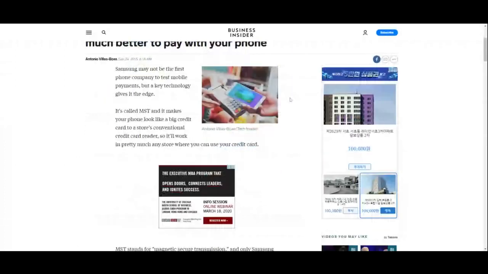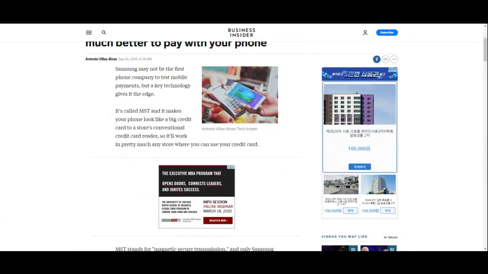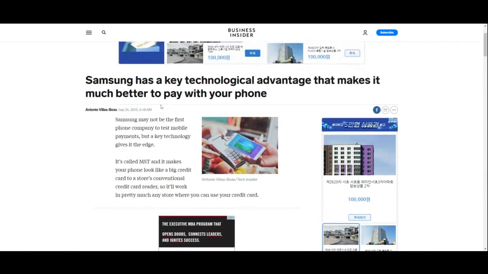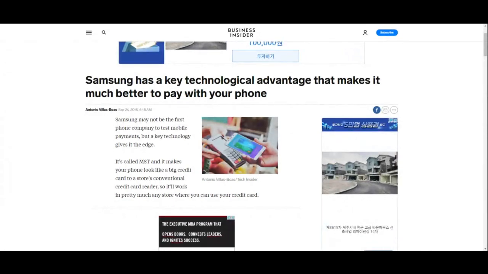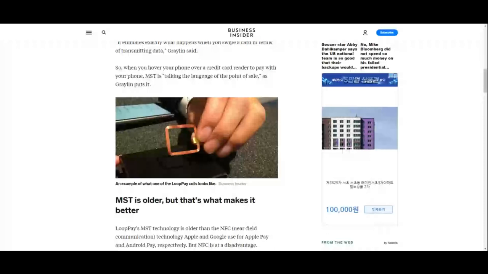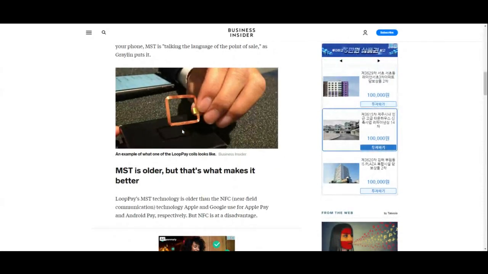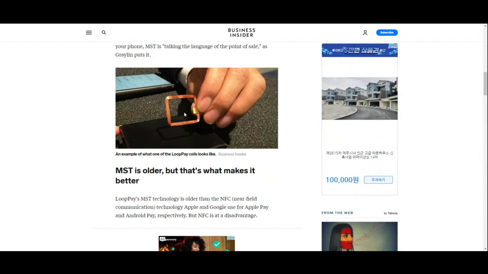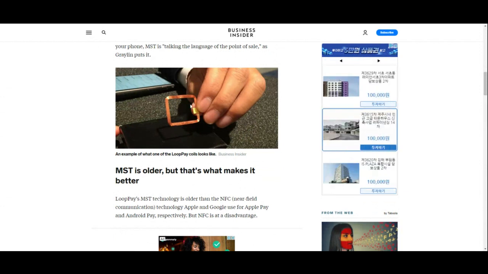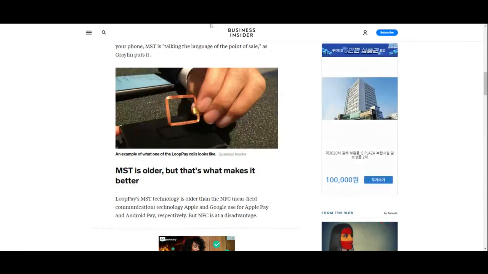Okay, so this is about the Samsung Pay, and I took this photo from this website, for example. So I believe this is the real size. I don't know if they are really using this size of coils, but somehow they made such kind of things.